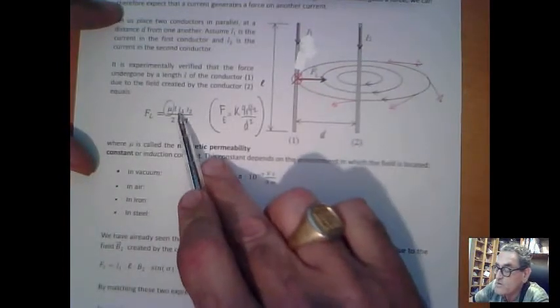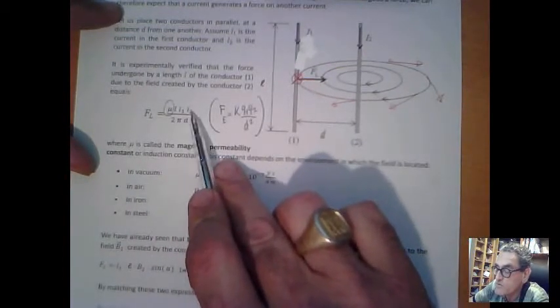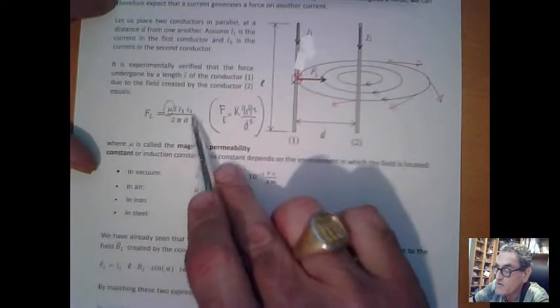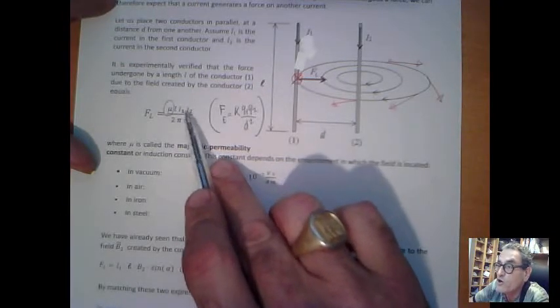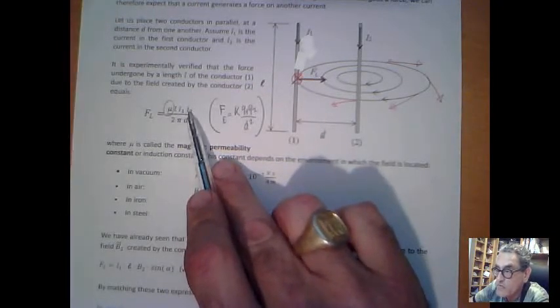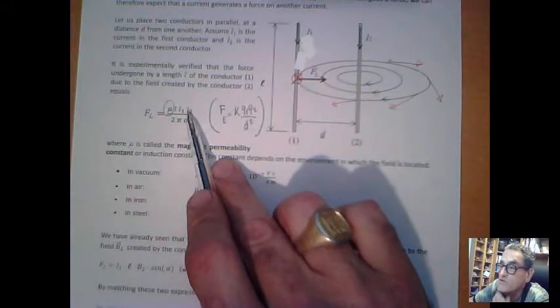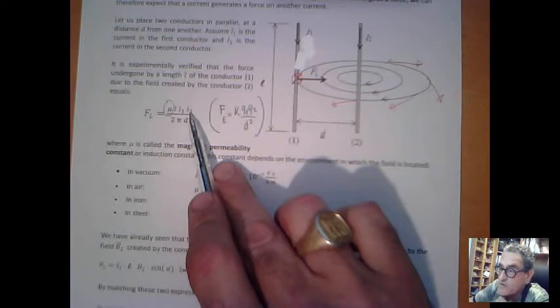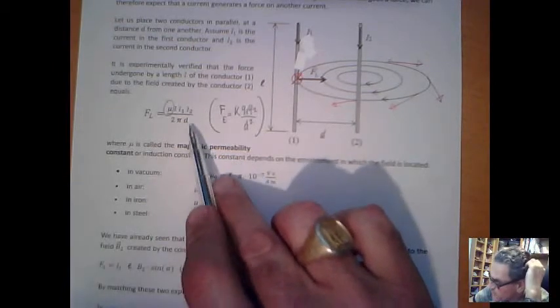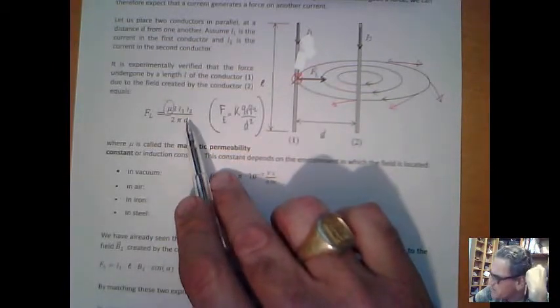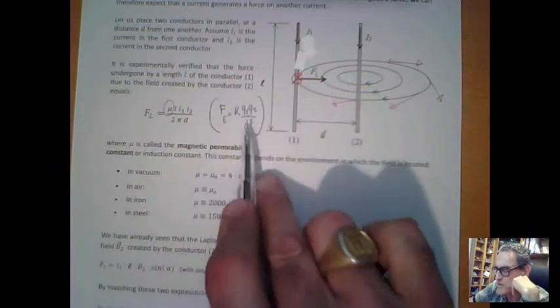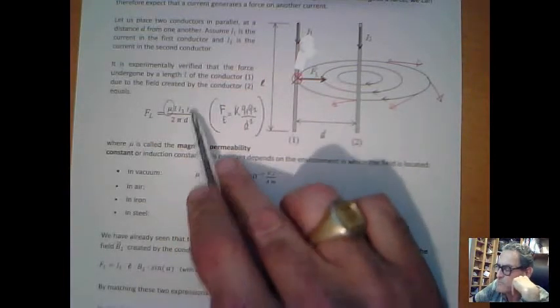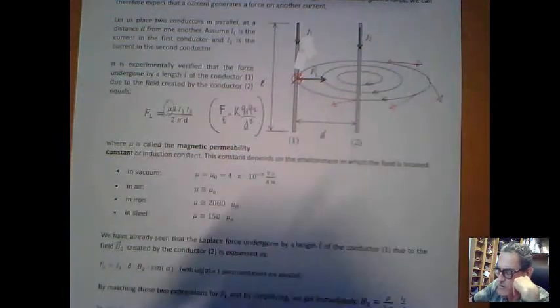But what you notice, and I would like you to notice this very clearly, is that here, instead of charges, we have currents. So magnetic forces are generated by currents. Magnetic fields are generated by currents, by moving charges. The currents are the sources of the magnetic field. And the decrease according to the distance is not in D squared, it's in D, but this is related to the fact that we have long cables.